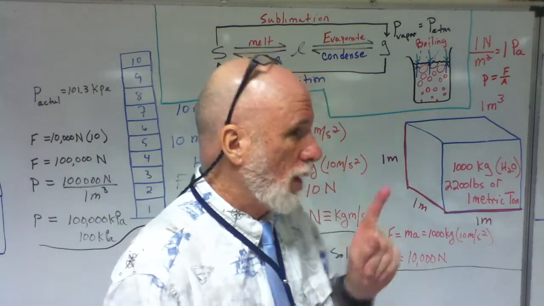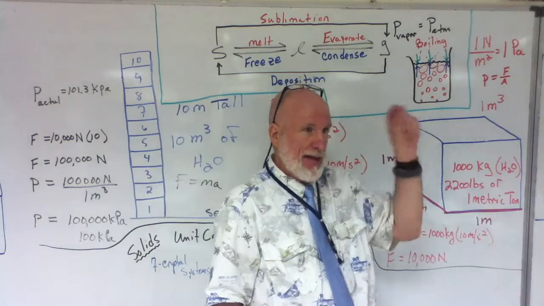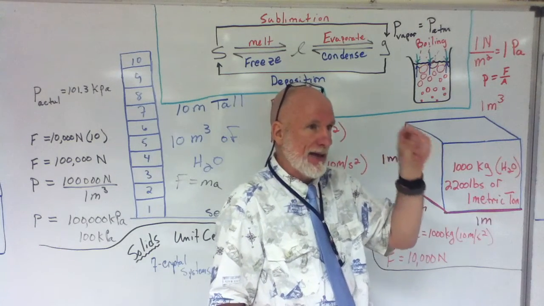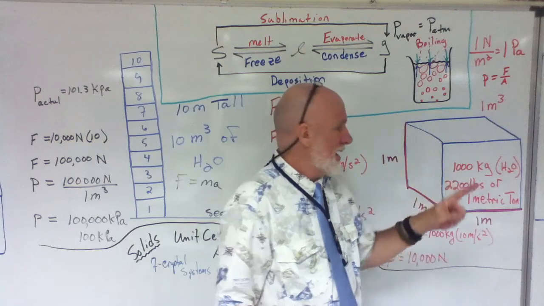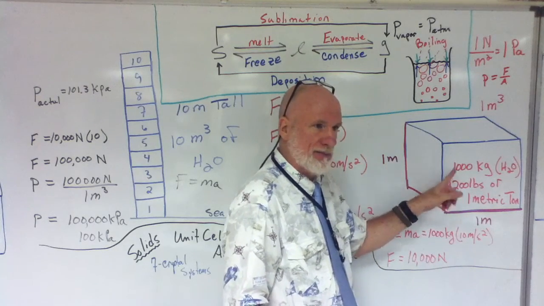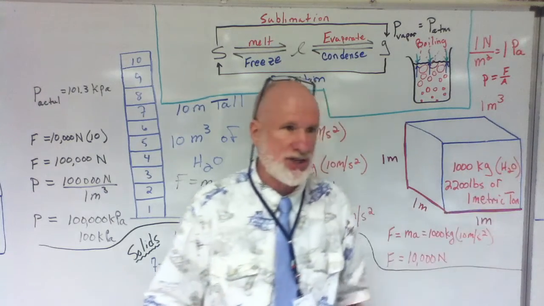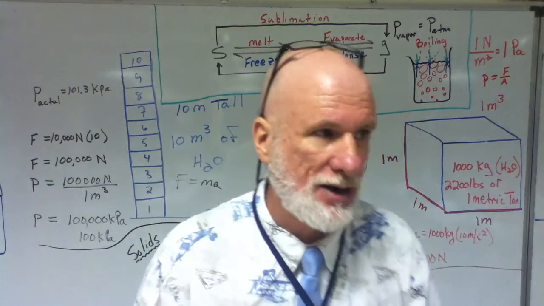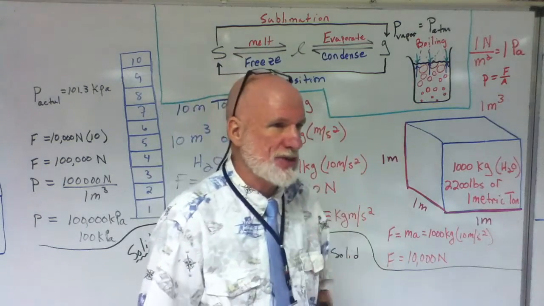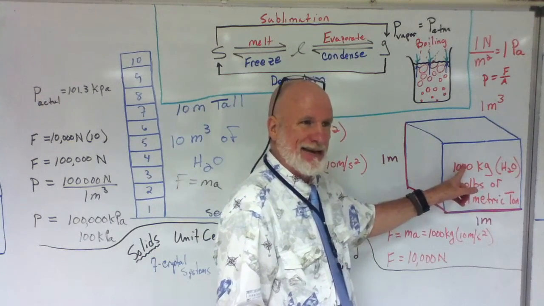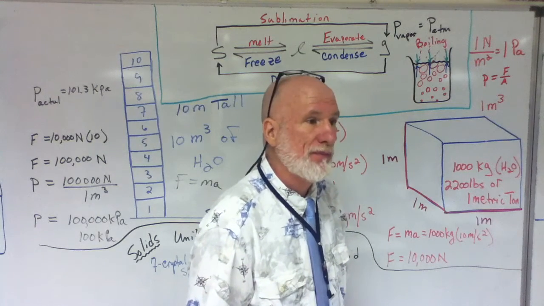So what is mass times acceleration? Mass is 1,000 kilograms times 10 meters per second squared.